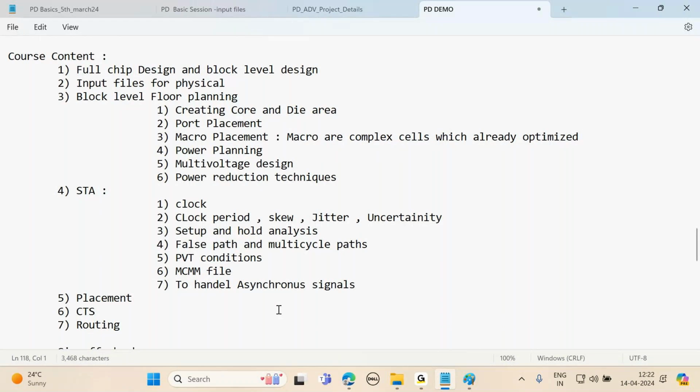Sir, actually, what I want now is to continue in that role, and from your course, I want to learn PD, and after that I want to apply to another company, where I will work in both roles, system architecture as well as physical design.